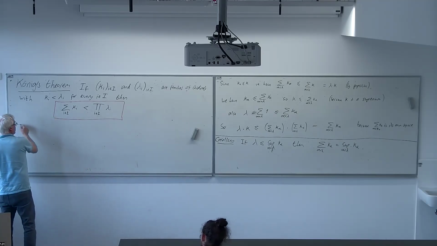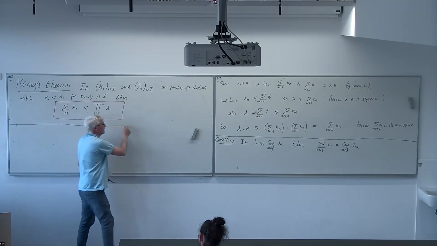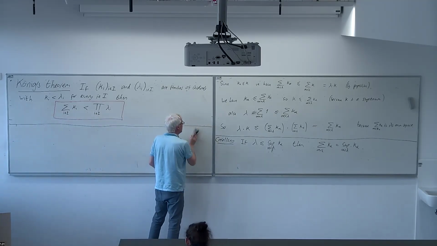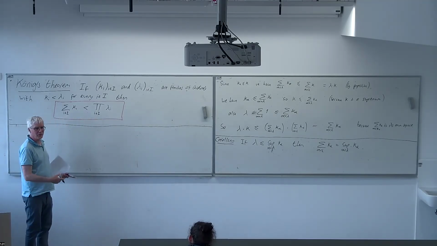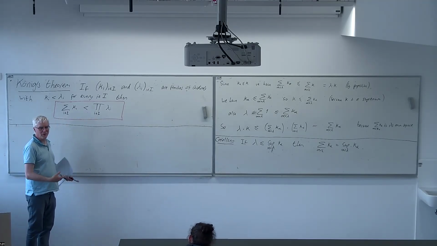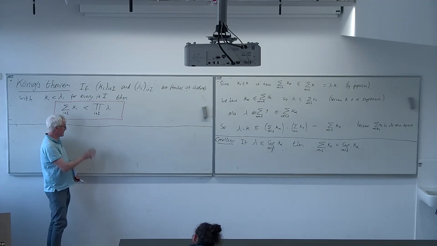Now, that's surprising because we're summing some things and then we're taking the product of some larger things. Sums are typically smaller than products, so you would expect to get something like this. But one thing that's very nice about it is that it holds for infinite sums and products, and that's not going to be trivial.